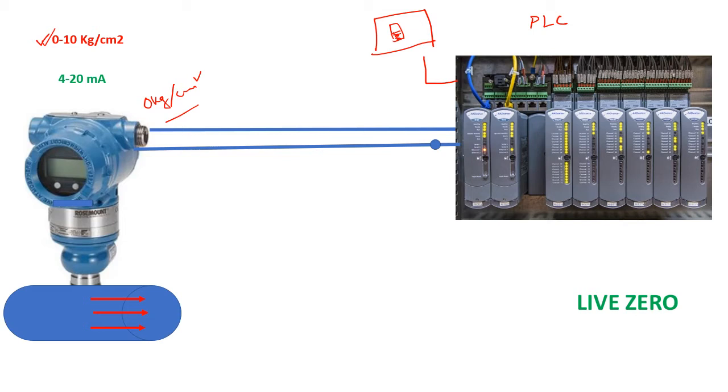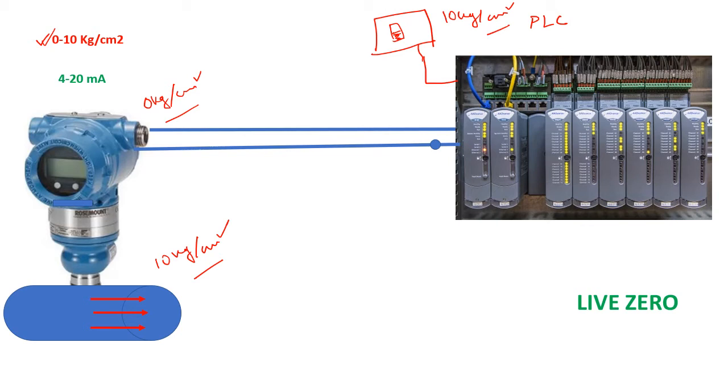Now when the pressure in the fluid reaches 10 kg per centimeter square, which is the maximum pressure expected in this line, the pressure transmitter reads 10 kg, and the same signal is transmitted through the two wires to the PLC, and the PLC, in turn connected to a SCADA, then shows 10 kg per centimeter square.